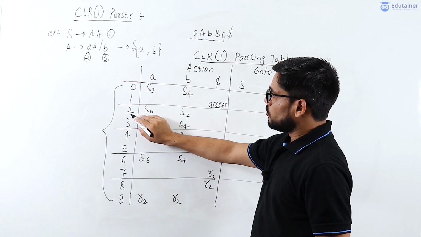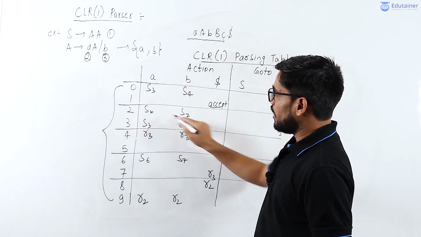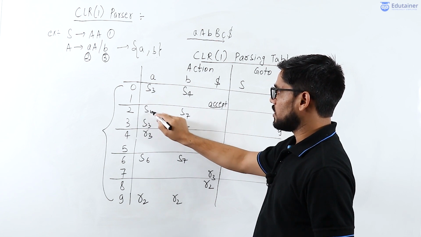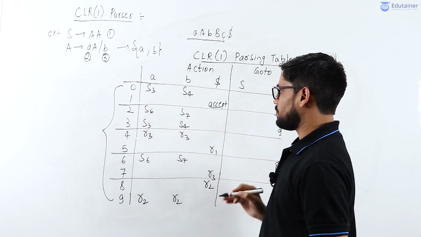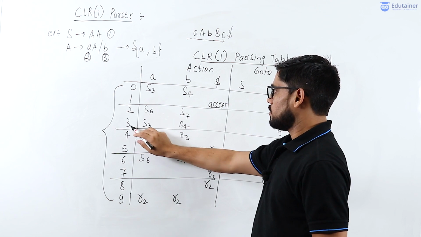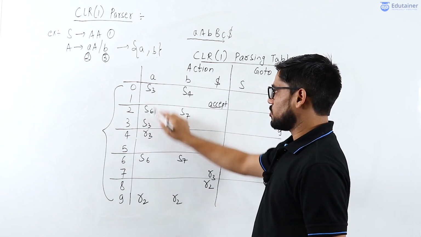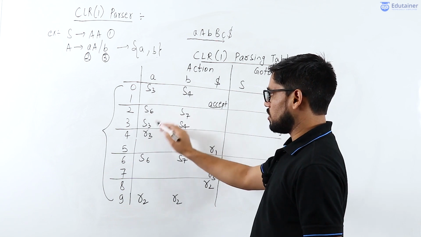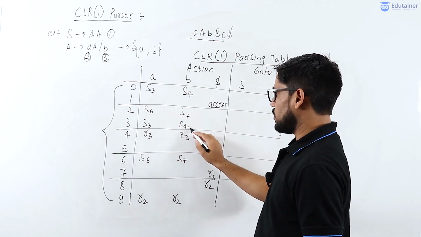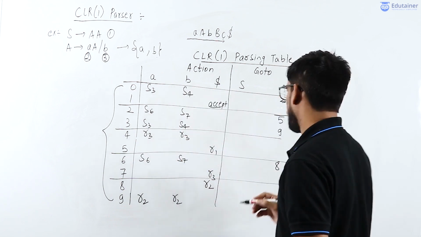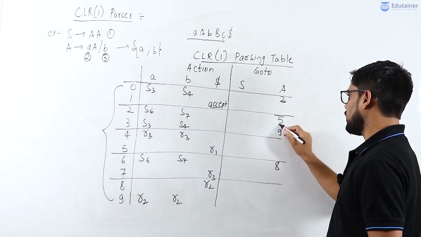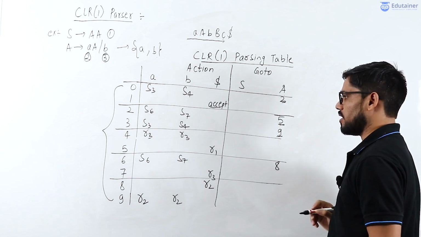Coming to state number 2, on small a and small b, it will take a shift move S6 and S7. Okay, state number 3 will take a shift move on small a to state number 3 itself, and state number 4 on small b. And what will be the go to move? The go to move will be state number 5 and state number 9.